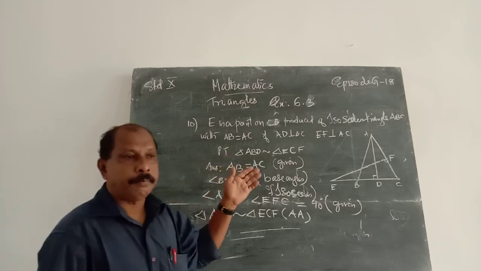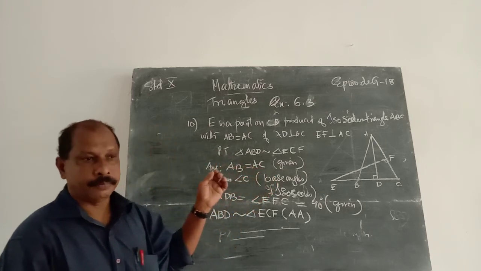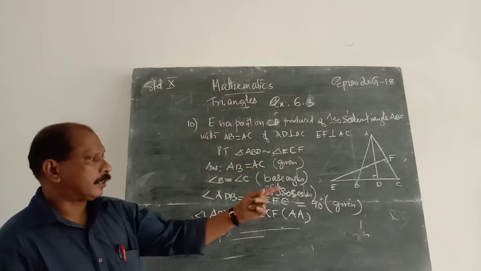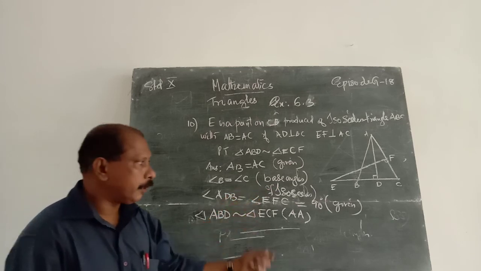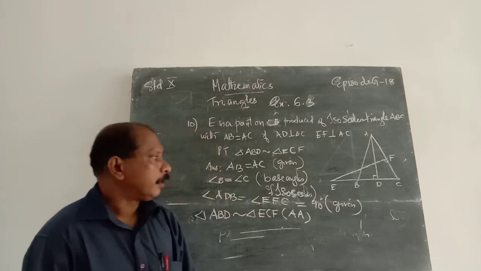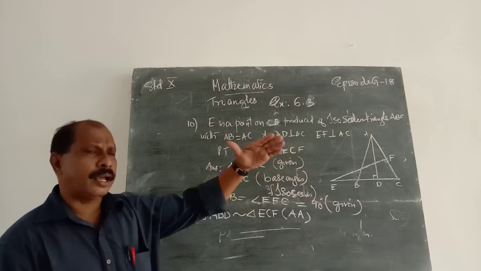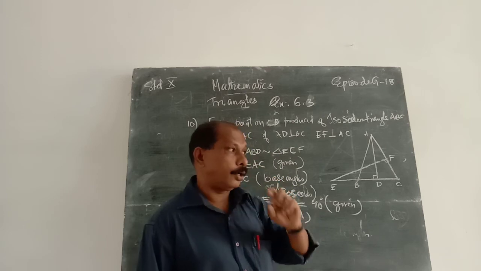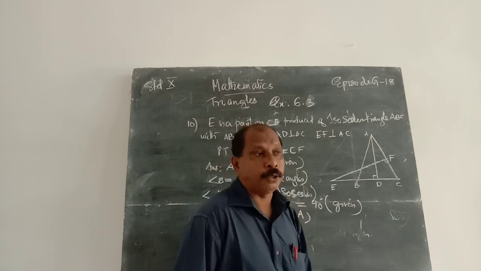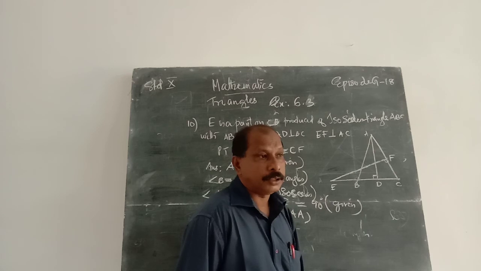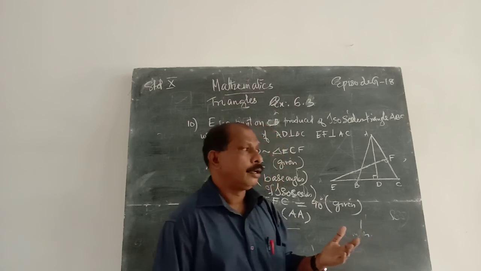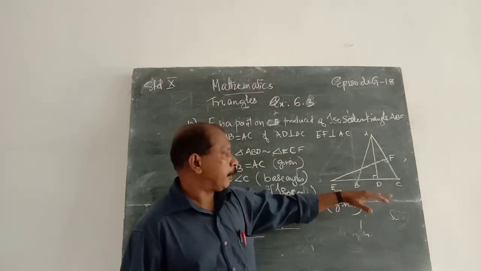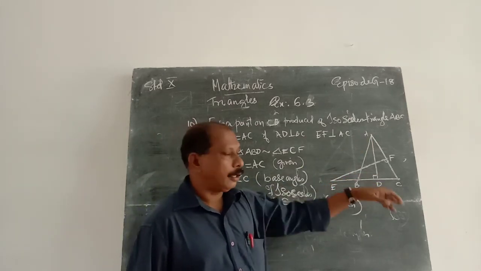ABC is an isosceles triangle, it is given. Therefore, AB is equal to AC. Because it is an isosceles triangle, the altitude is always the median. A median is the line from a vertex to the midpoint of the opposite side. Therefore, for an isosceles triangle, the median and altitude are the same. So AD is perpendicular to BC and EF is perpendicular to AC.